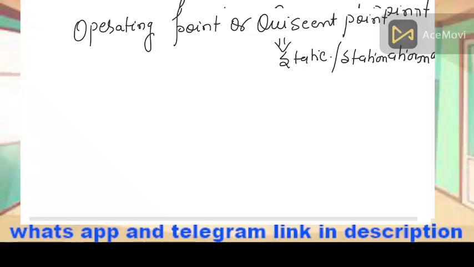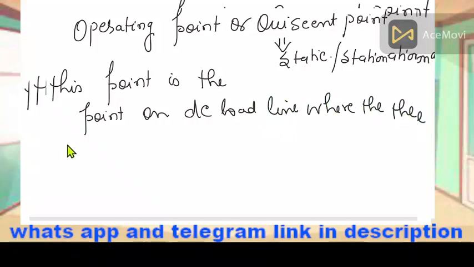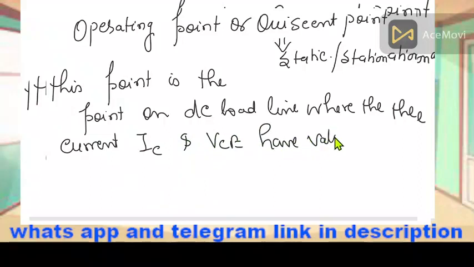It is a point on the DC load line which represents the values of collector current IC and collector emitter voltage VCE that exist in a transistor circuit without any input signal.